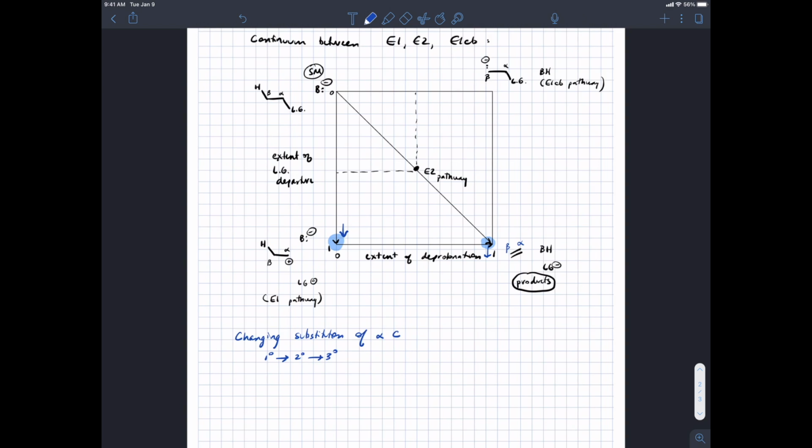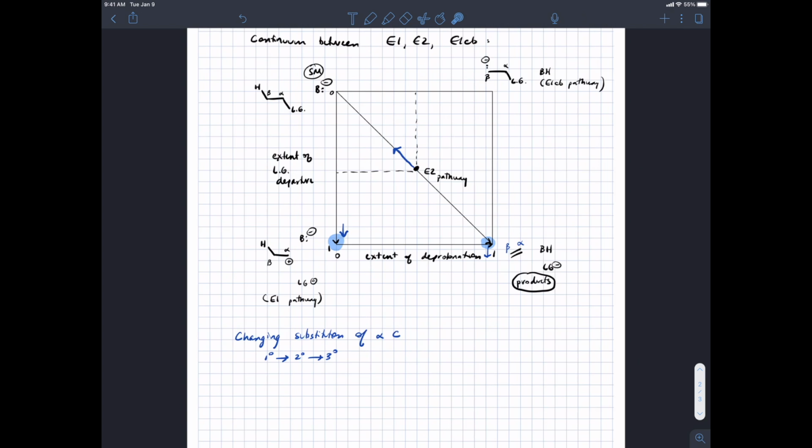Remember that along the diagonal, lowering energy at one corner pushes the transition state towards the other corner. Right? This is the Hammond effect. If now the transition state is farther away in energy from the products, it has to resemble starting materials that much more.